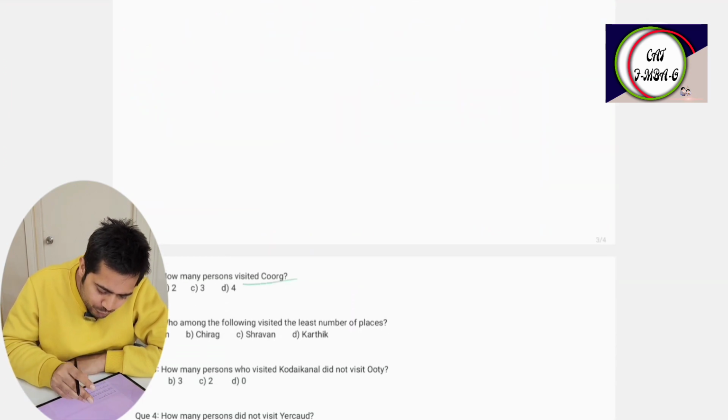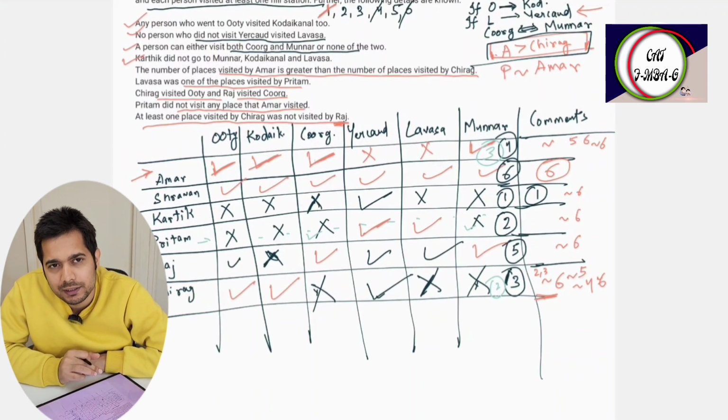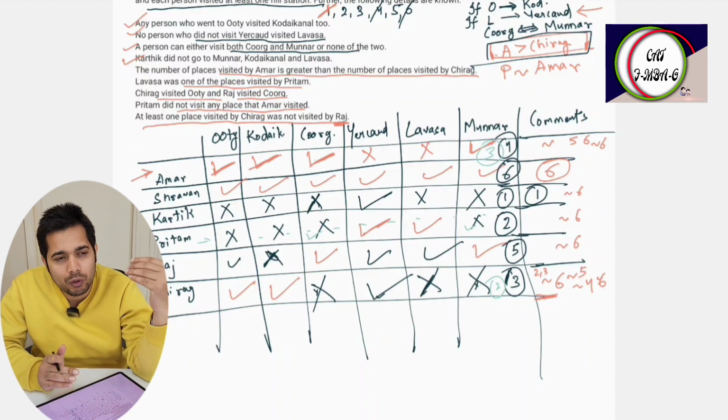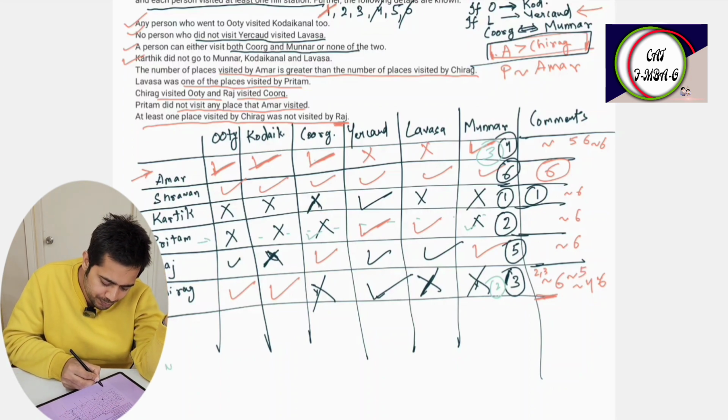How many persons visited Coorg? Simple. I told you the beauty of data interpretation and logical reasoning is, if you are able to form the table correctly and comprehend the data correctly, you can answer the following questions within a minute. And in CAT, 4 questions means 12 marks.